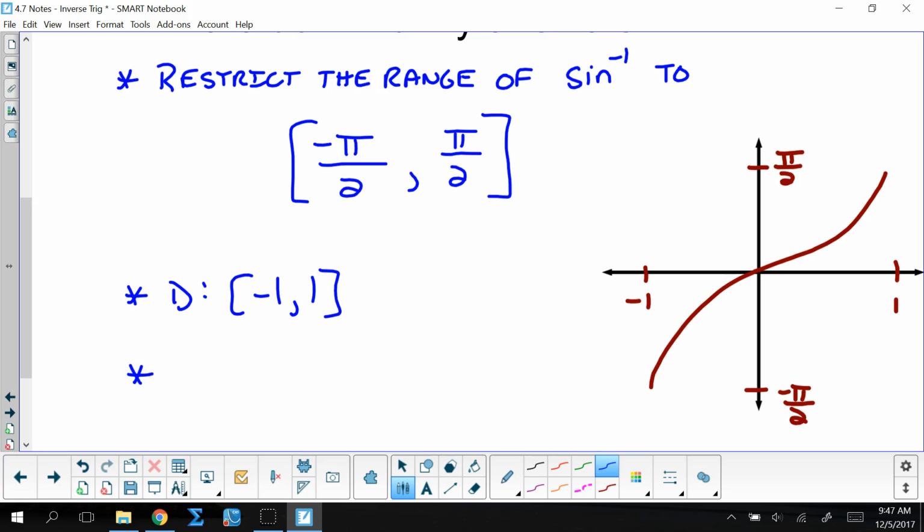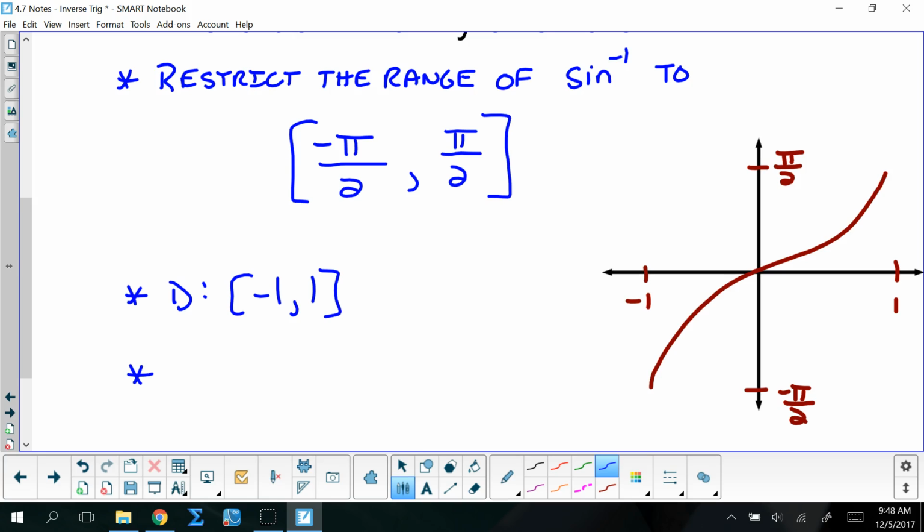Where is positive pi over 2 on the unit circle?